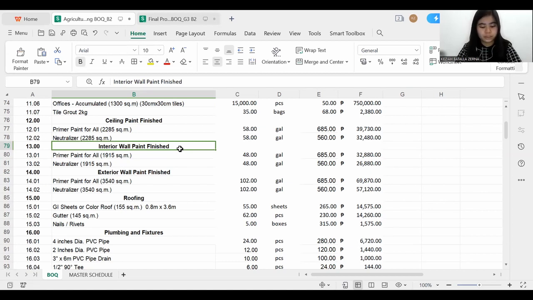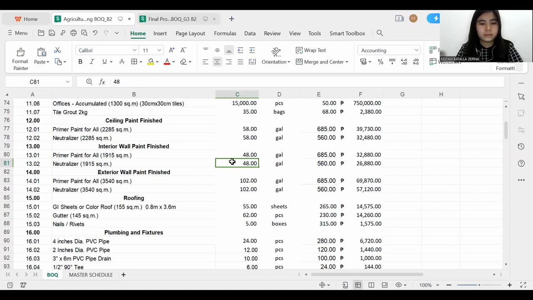So for the interior wall, I used 40 square meters. The entire surface area of the interior wall is multiplied by 1 gallon over 40 square meters, then I got this value.